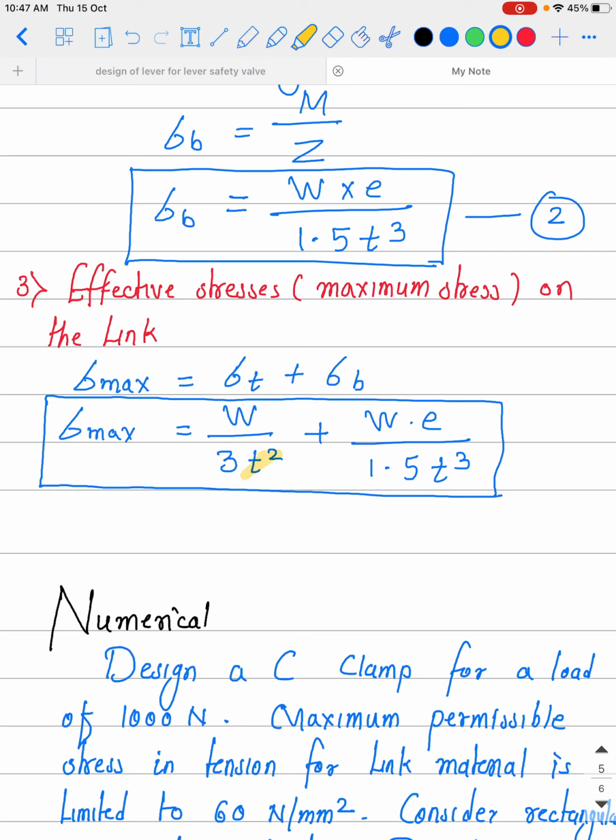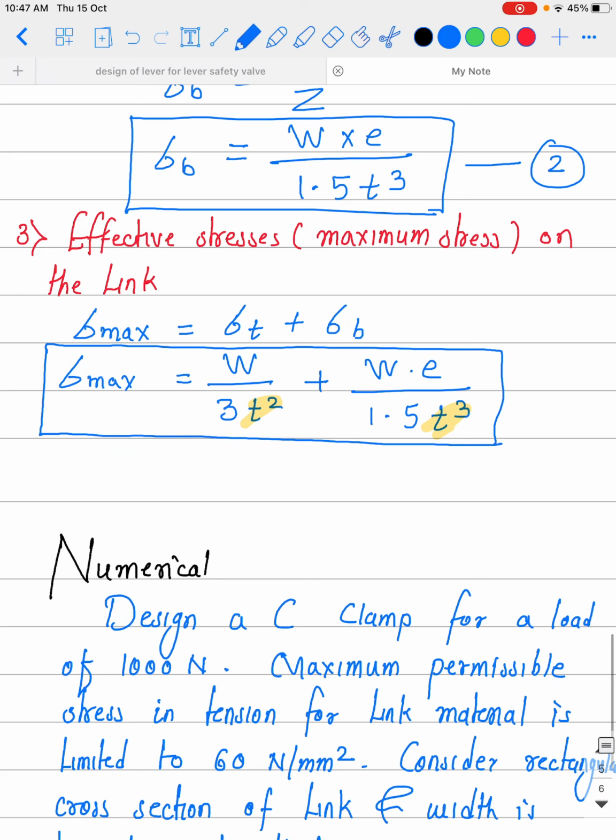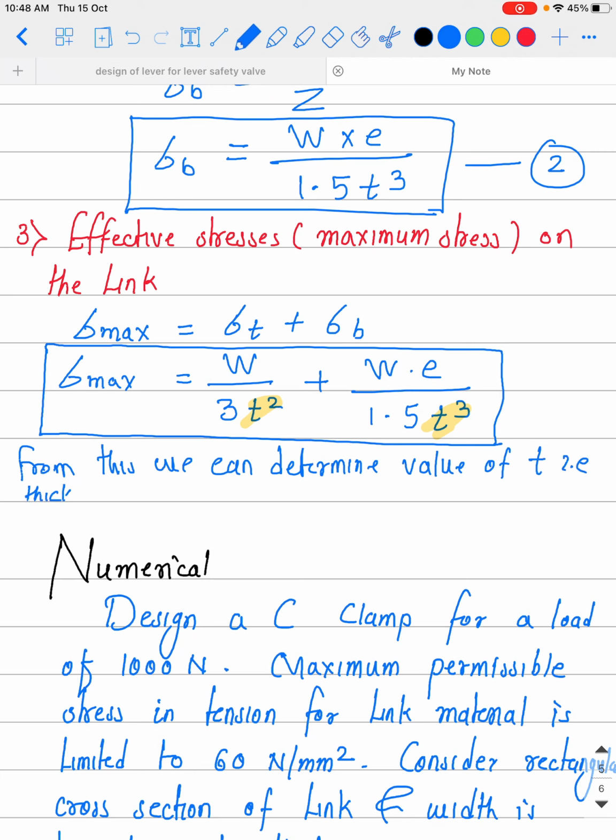That is T. So we will get a cubic equation, and after solving this cubic equation you can determine the value of T, the thickness of the link.